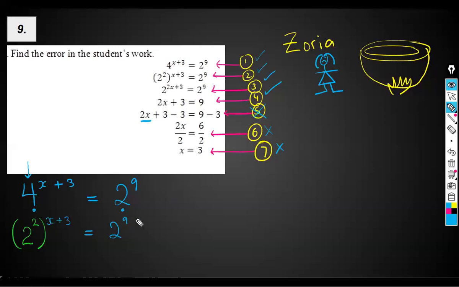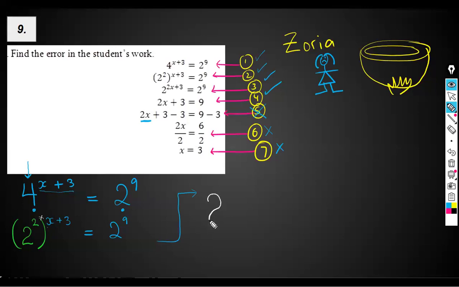Everybody's okay so far? Well, we're almost up to the error. The error is going to come just now. All we did was replace the 4 with 2 squared, and the power waiting was x to the power 3. Great. So let's move over here now, where I have some space. Now look at this carefully. When you have two powers separated by brackets, aren't we supposed to multiply the powers?